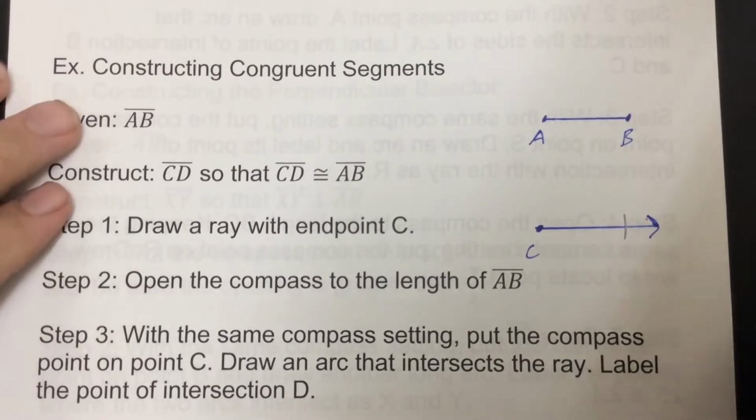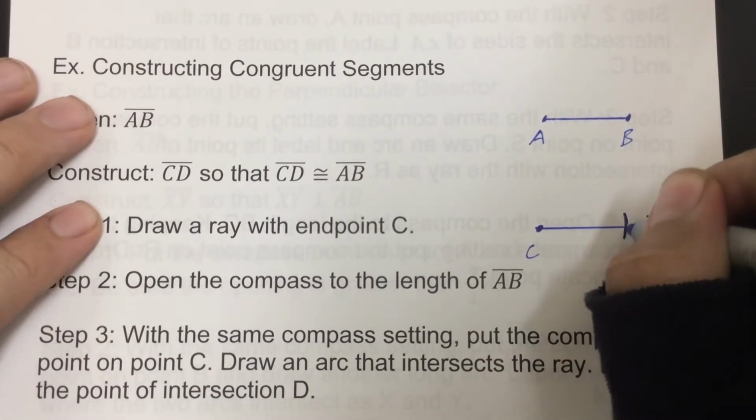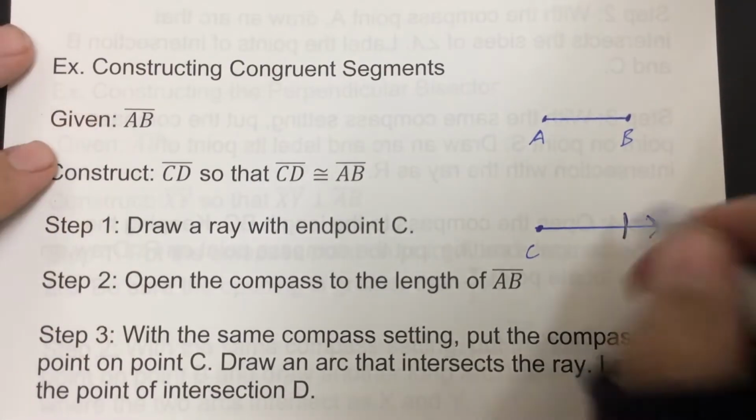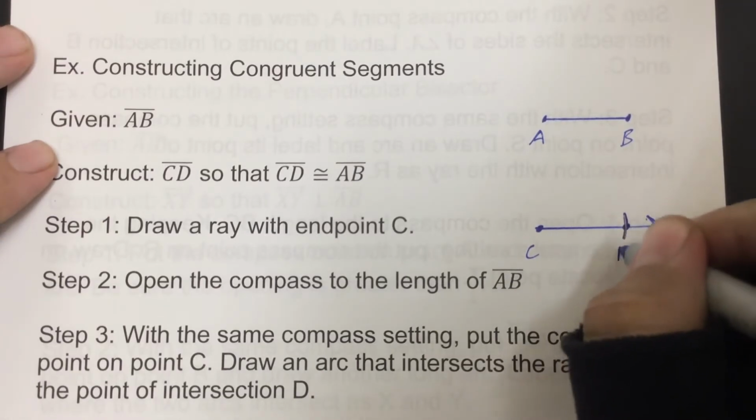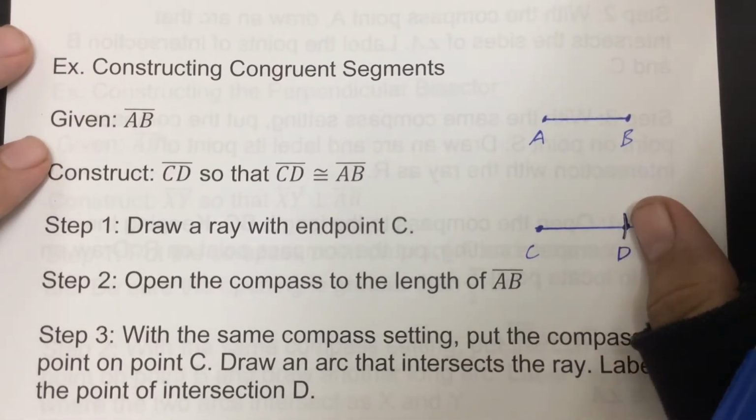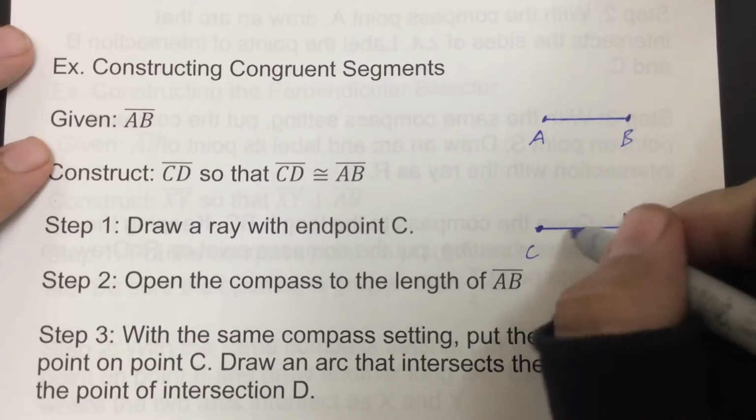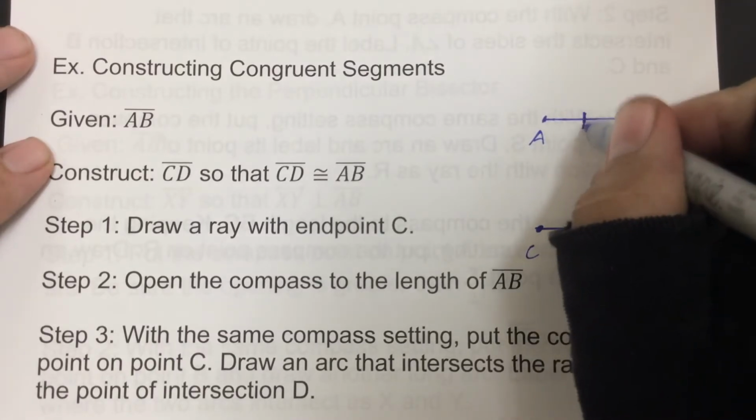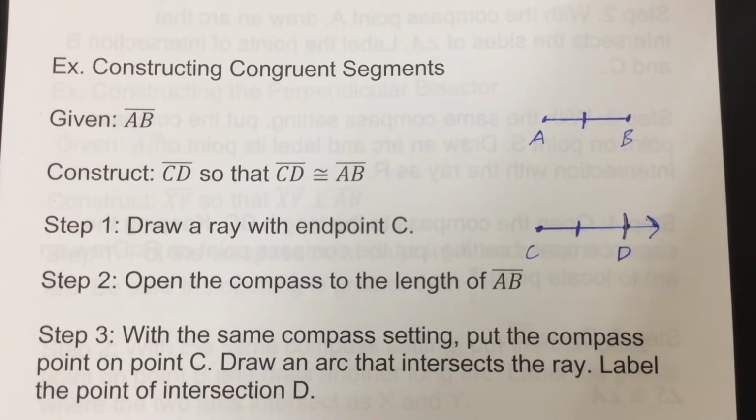This is the mark we've made. Where that mark is, that's going to be our point D. So C to D and A to B are going to be the same, so we can put a little tick mark, as those are congruent segments.